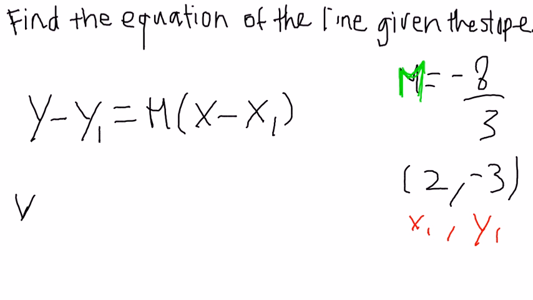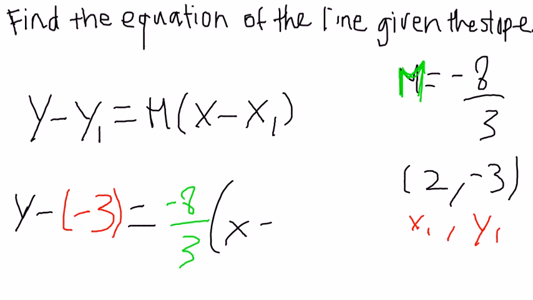So we have y minus, don't forget to not get the signs confused, minus negative 3 equals, slope is negative 8 over 3 times x minus 2. Now, why do the x and the y stay?